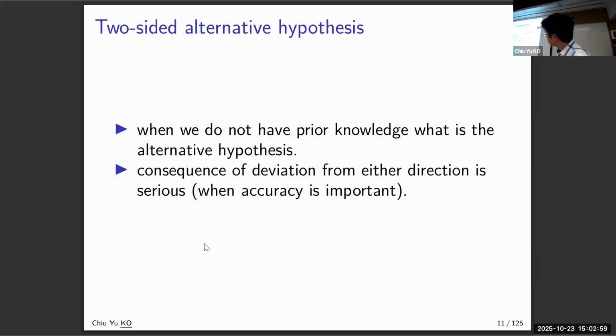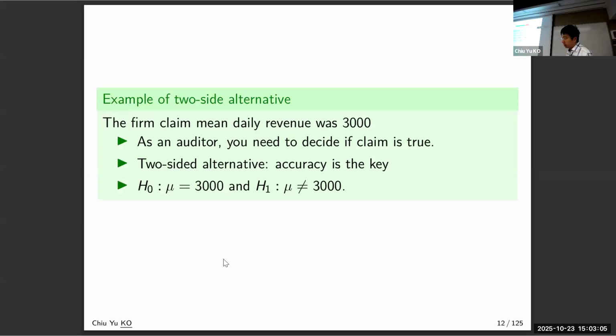When two sides, you don't know, then you would do two-sided, right? So for example, if you're an auditor, if you want to see the firm claims the reference is $3,000, as an auditor, you have to validate it's true. And when this is more than 3,000 or less than 3,000, you are not happy, right?